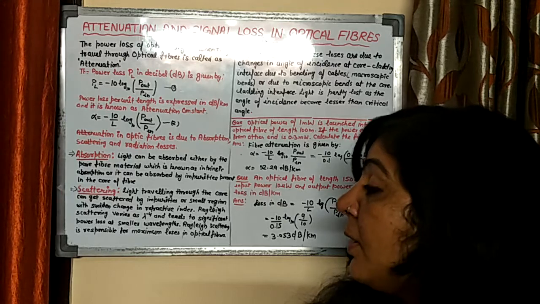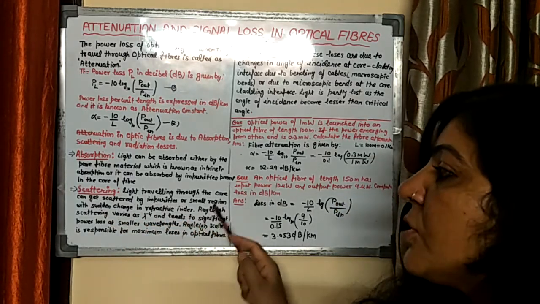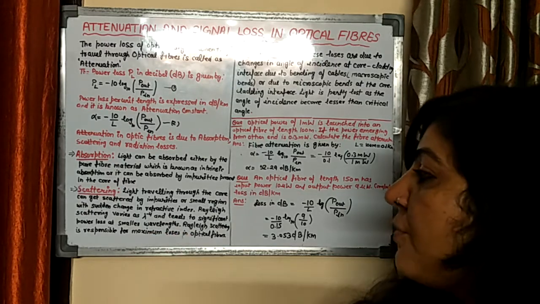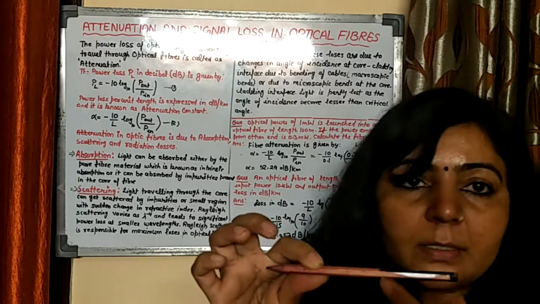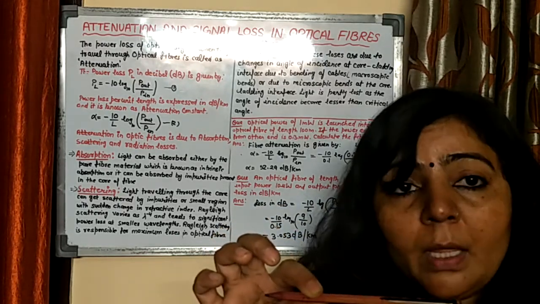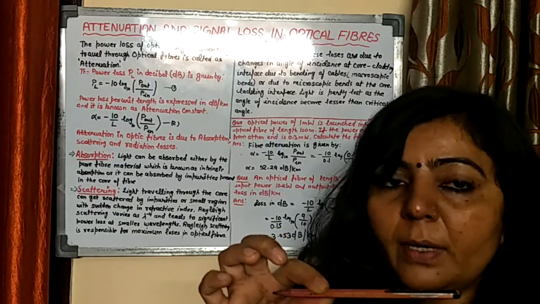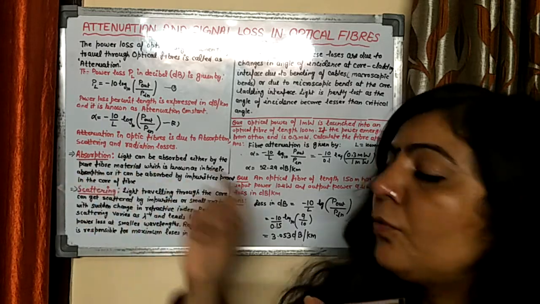The second one is scattering. When light is traveling through the core, it can get scattered by impurities or small regions with sudden change in refractive index. So if this is an optical fiber, and there are certain impurities in it, when light strikes that impurity, if it is absorbed, then that signal loss is due to absorption.